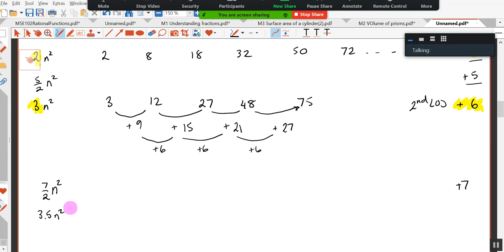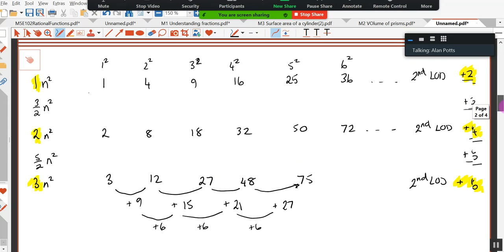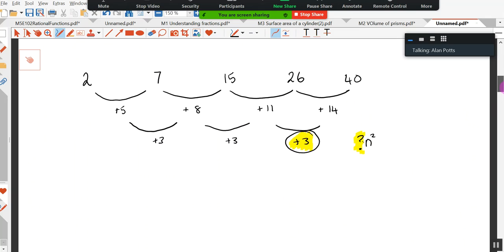Okay, so we use that. Let's go back up to this problem. So we now know, because it's plus 3, this question mark is going to be 3 over 2. But we don't know what comes afterwards. All right. So what we do is this. We write down, so I'm going to say that's 1.5 n squared.